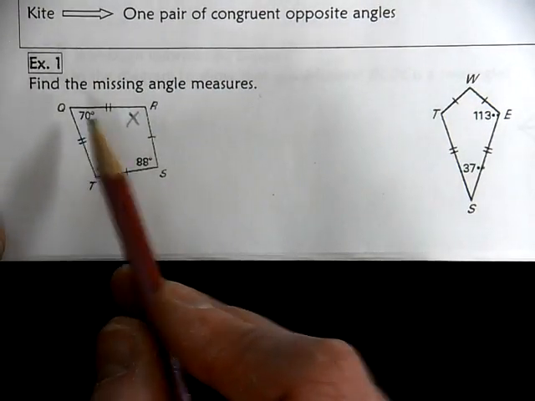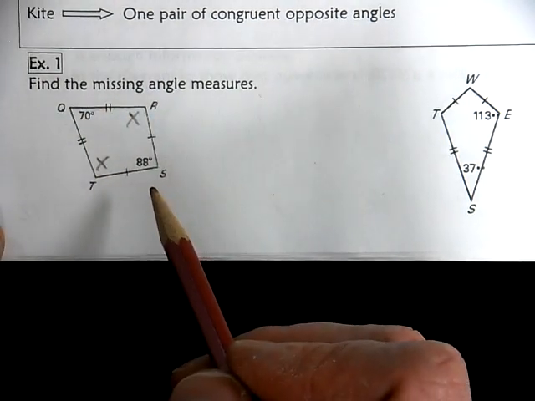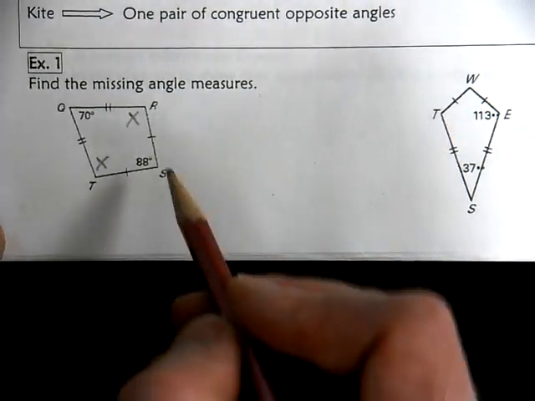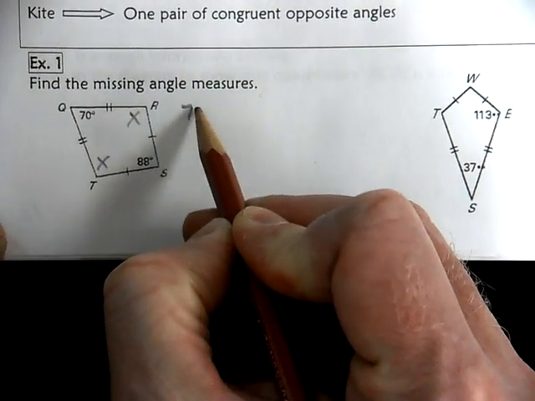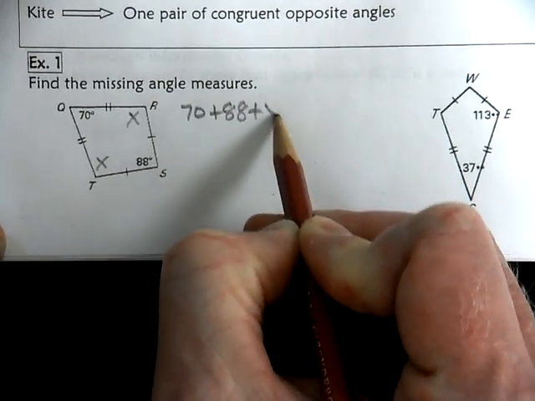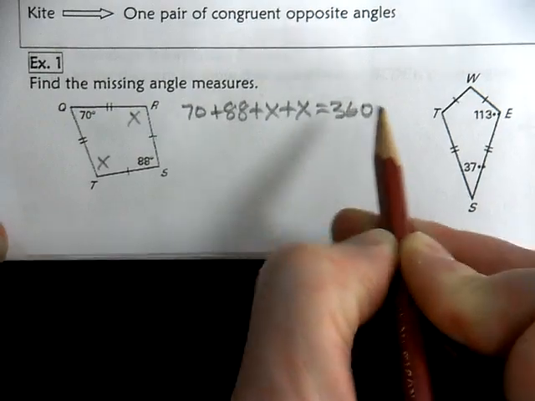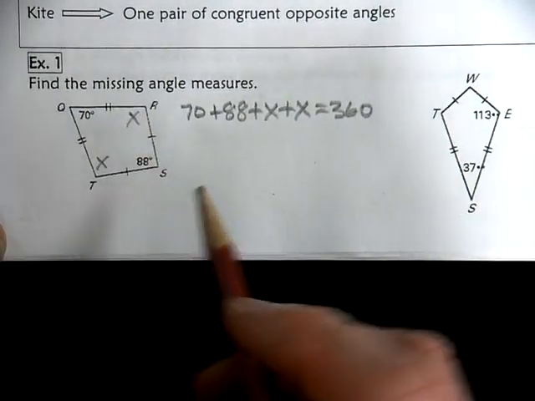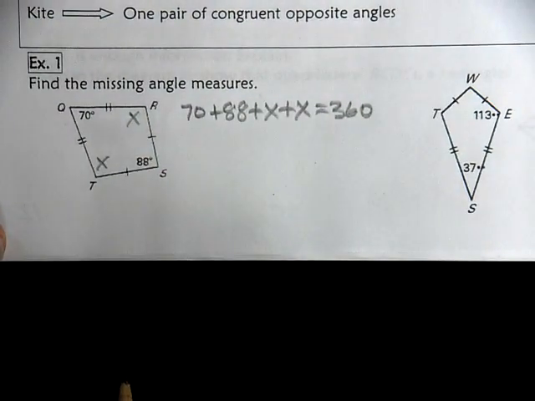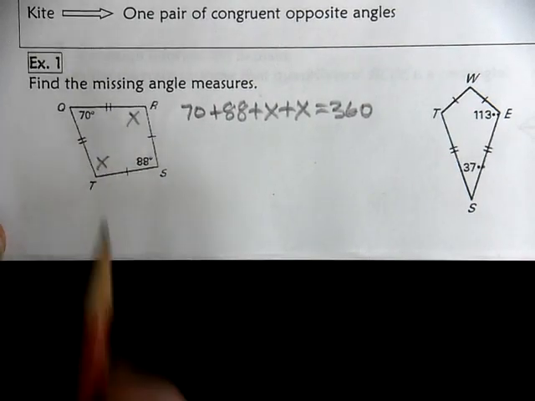What do we know about the sum of the interior angles of every quadrilateral? 360. So 70 plus 88 plus x and x is always going to add up to, in this case, 360. Because a four-sided shape, the sum of the interior angles is always 360.